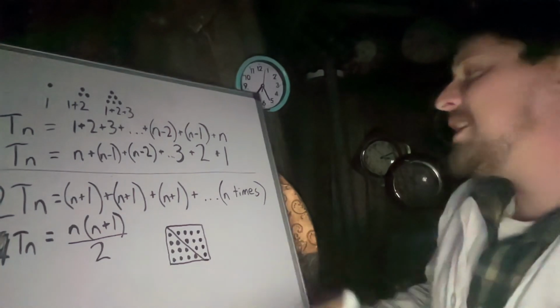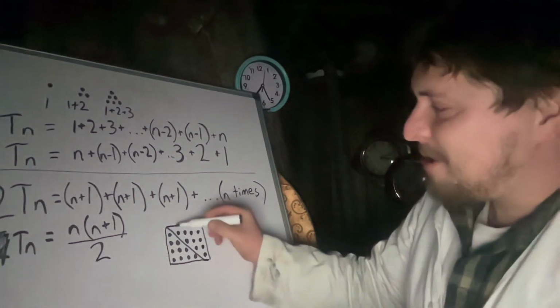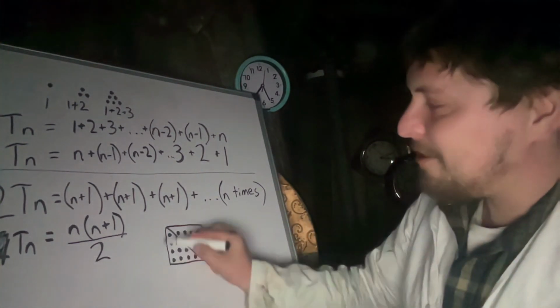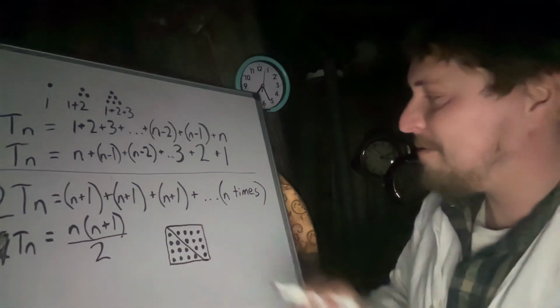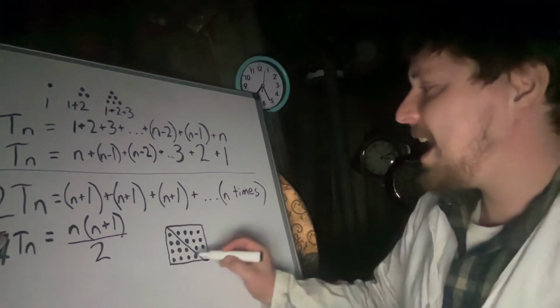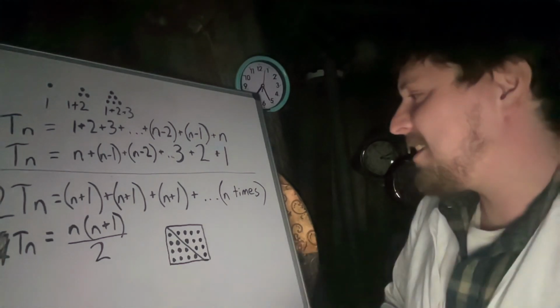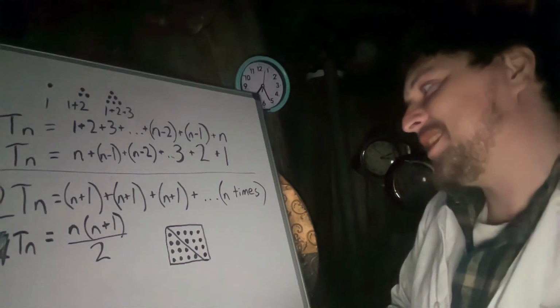And what are the dimensions of this rectangle? Well, it had n, 4 in this case, on one of its dimensions, and it had n plus 1 on another one of its dimensions.